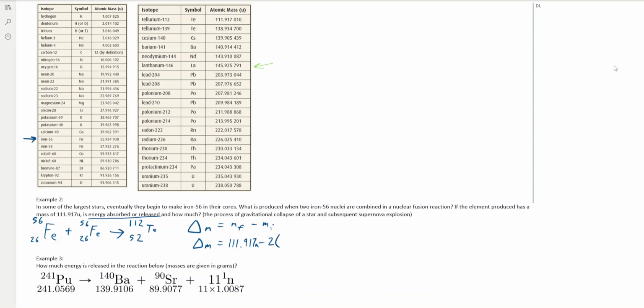So right here, that's 55.934938. So it's a very stable version of iron.